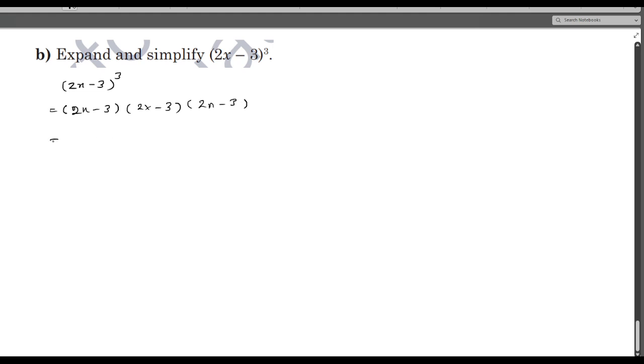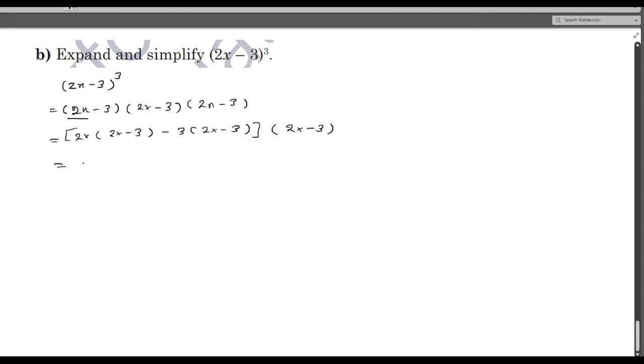So again, as we did in the previous problem, I will multiply this 2x with 2x minus 3, and then minus 3 with 2x minus 3, and this whole thing will be multiplied by 2x minus 3.